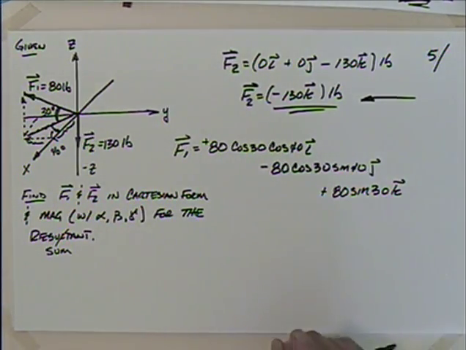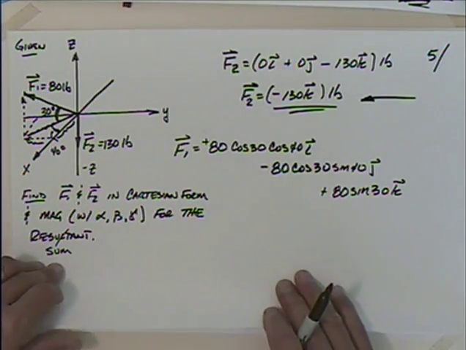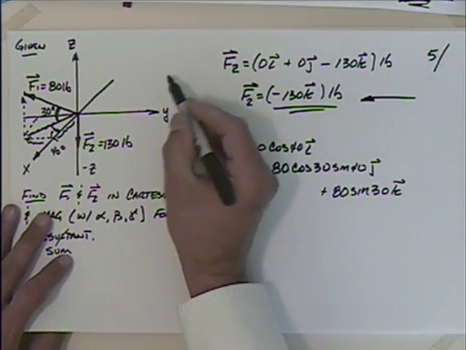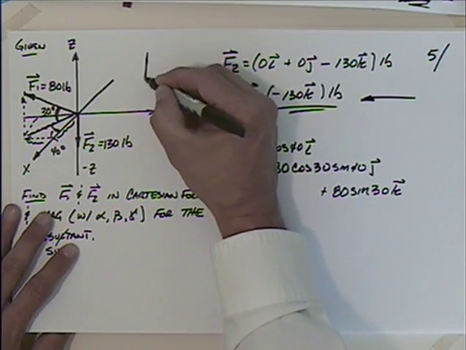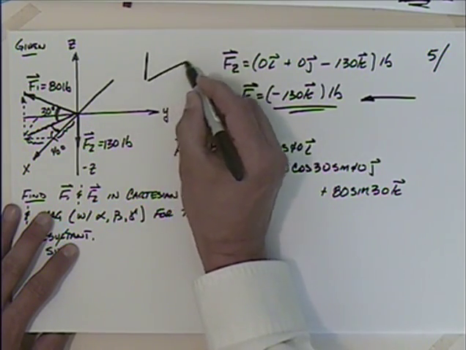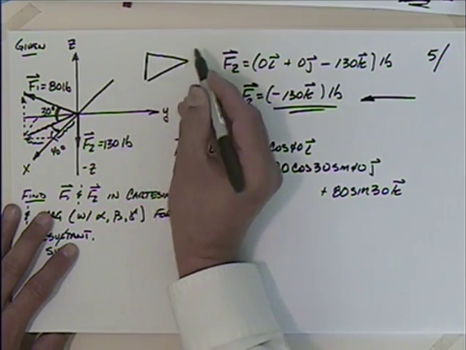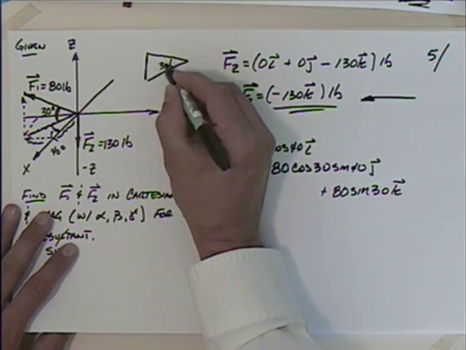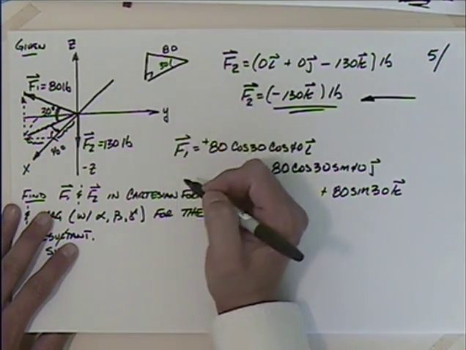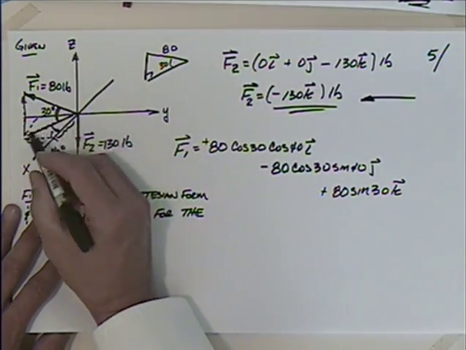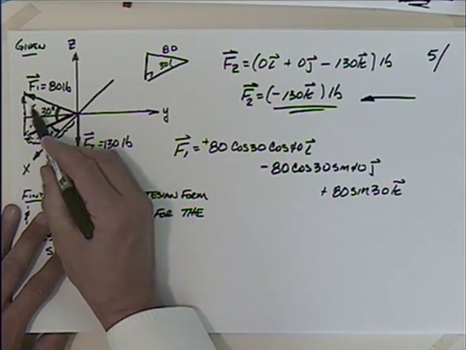Now let me go into that in a little more detail, because I realize this often causes problems. Really, I have a triangle that looks like this, where this is 30, this hypotenuse is 80, and that's a right angle. That's this triangle that you see right here.